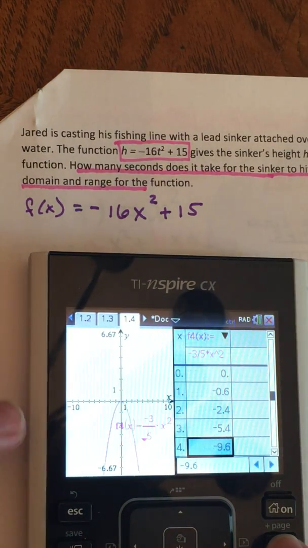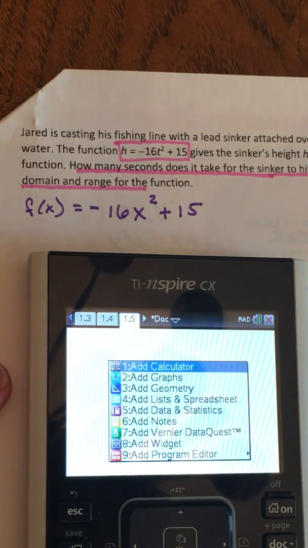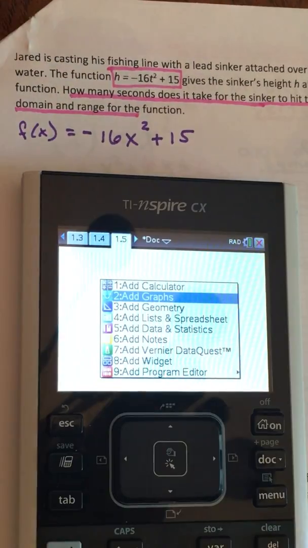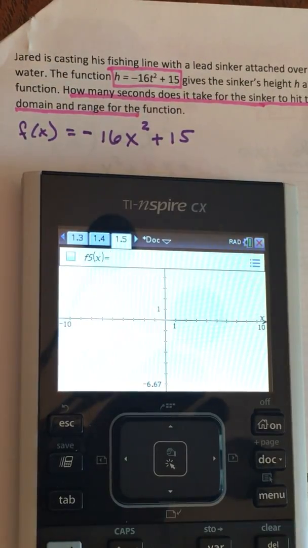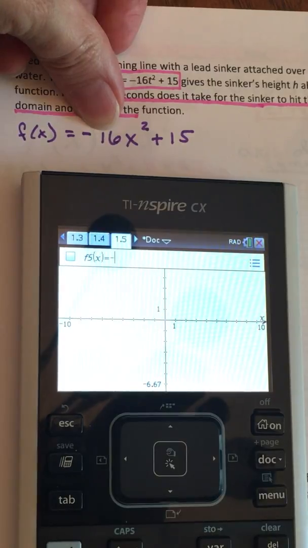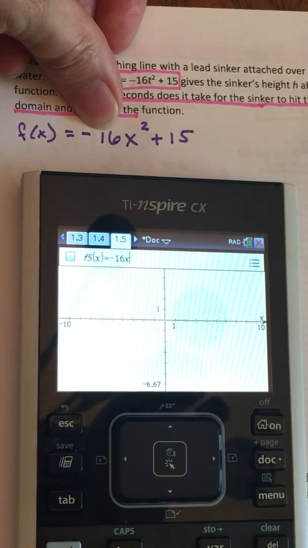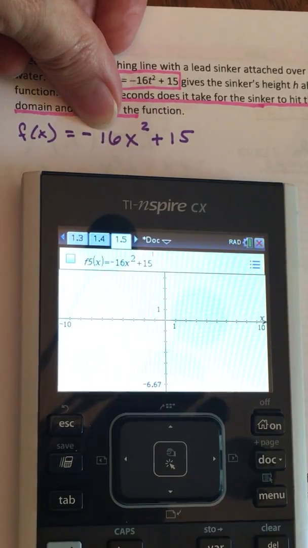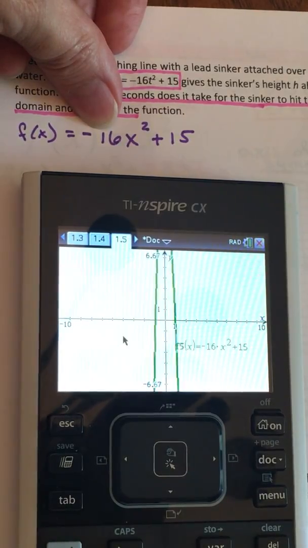So let's push Control Doc and go to a new graph. Here in my graph, let's type our function, negative 16x squared plus 15. Enter.